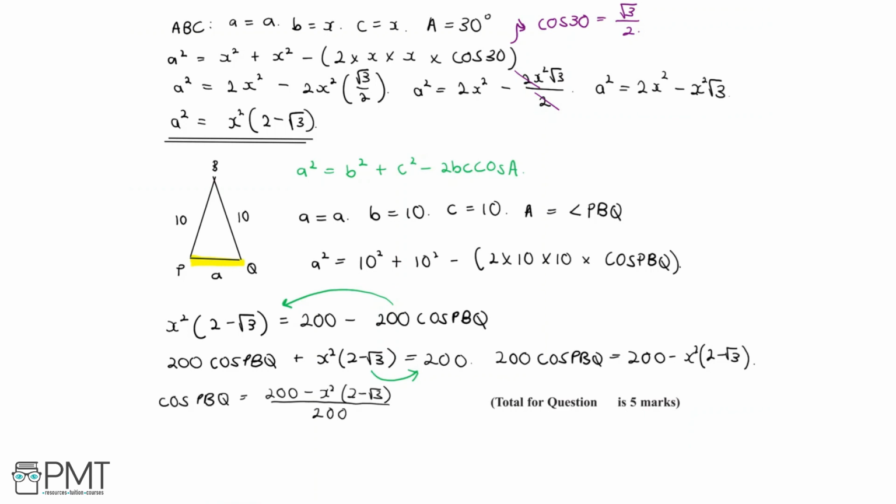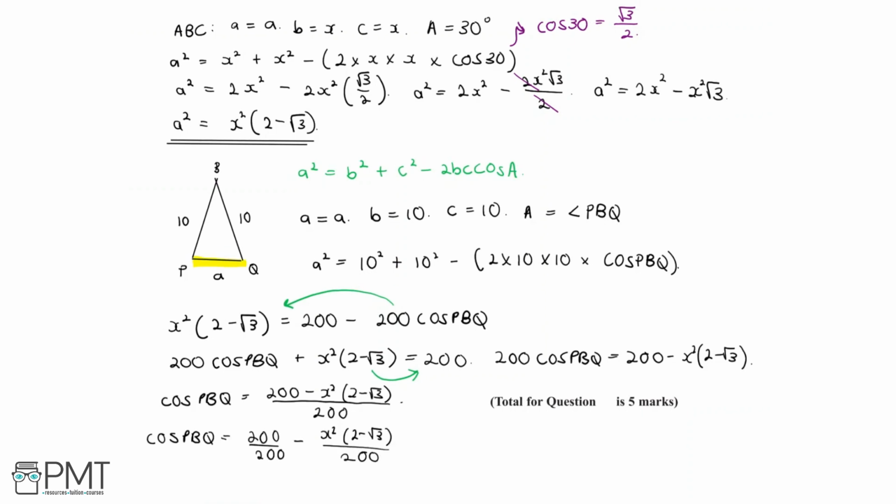But we can split this fraction up. We can say cos PBQ equals 200 over 200 minus x squared (2 minus root 3) over 200. Now we can simplify this further. We can say that 200 and 200 cancel out, and so we're left with 1.